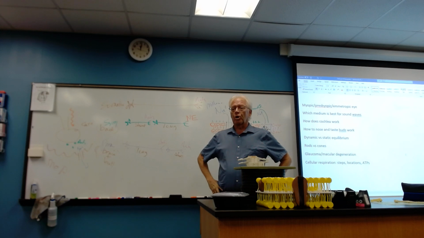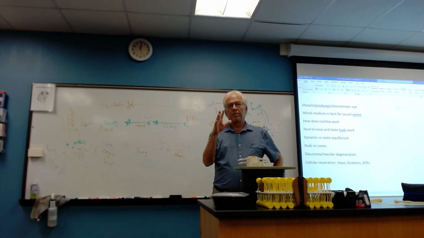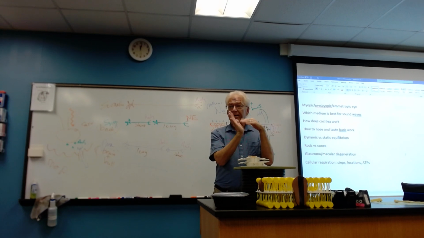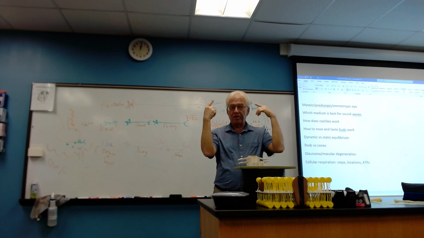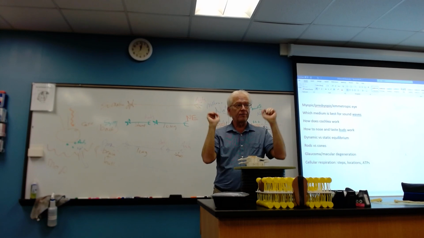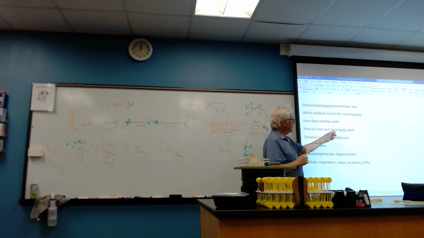How does the cochlea work? We send pressure waves of liquid, and they bend little hairs, and each little hair is attached to a nerve that tells your brain, I'm hearing stuff. That's how it works. How do your nose and your taste buds work?